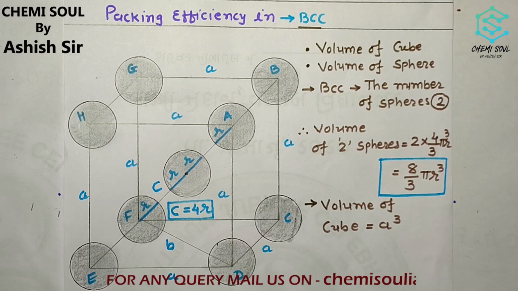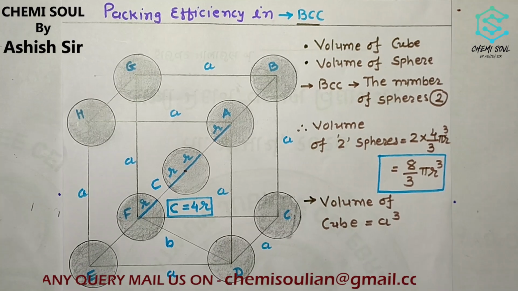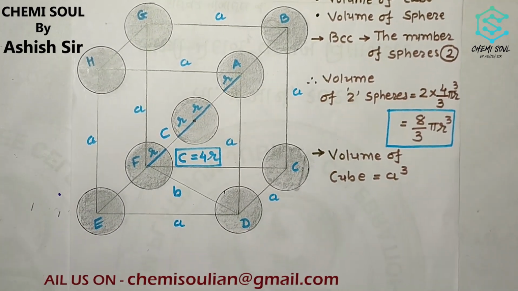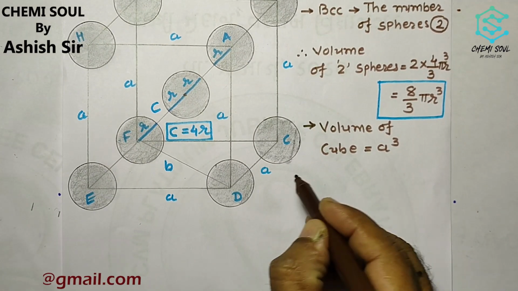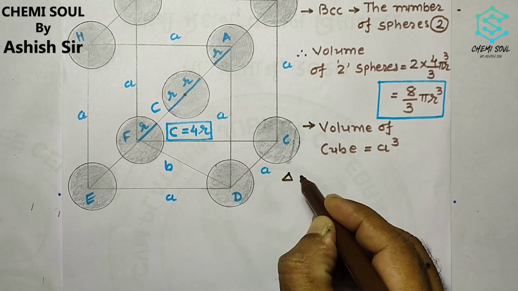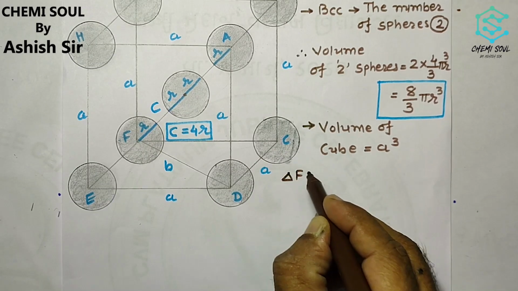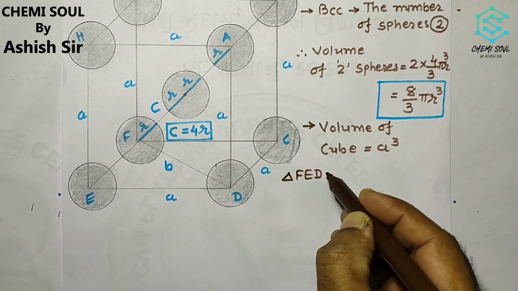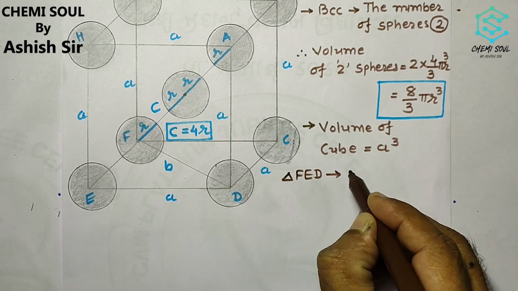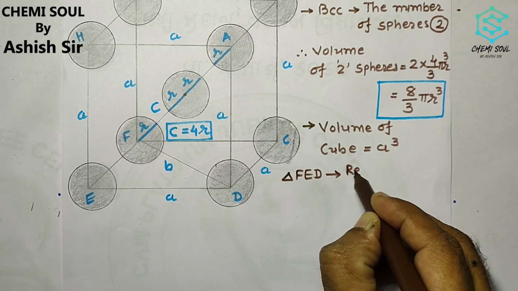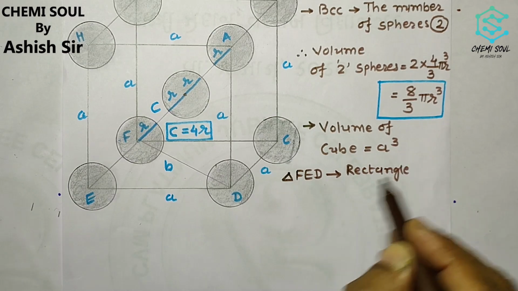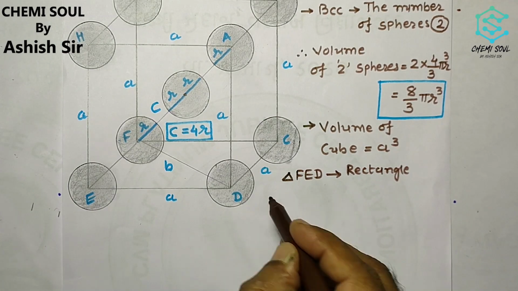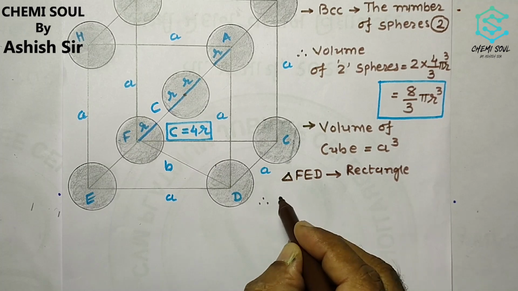So we can apply the Pythagoras theorem to calculate the value of a. Look here: in the figure, FED is a right triangle, so we can apply the Pythagoras formula.